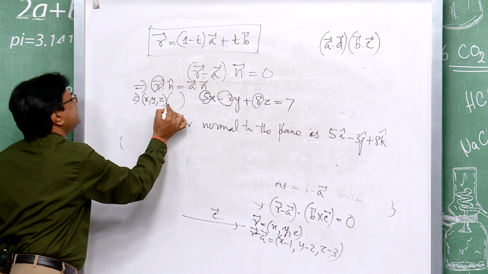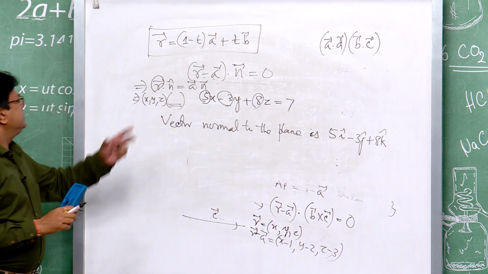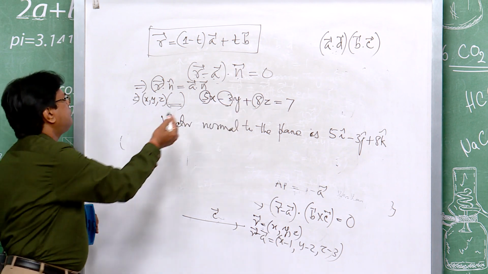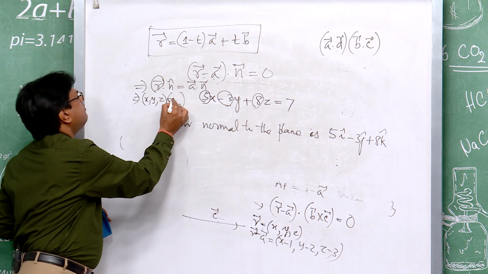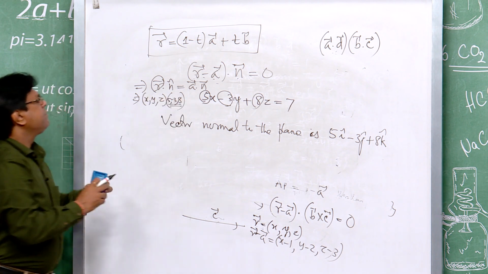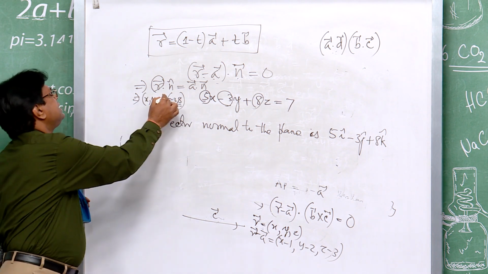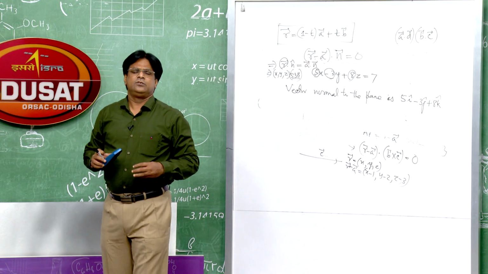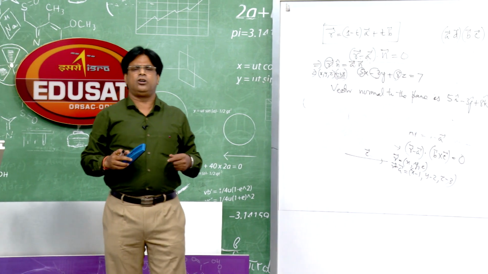So, the vector to be found is from 5x minus 3y plus 8z; that means we write 5, minus 3, 8. In this way, if this is your dot product, we get 5x, and so on. In this way we can find all of these.